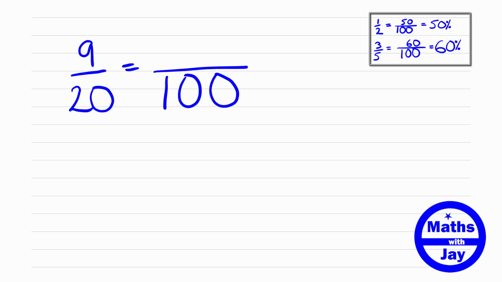How many 20s in 100? That's 5, isn't it? So 9 times 5 gives us 45. So 9/20 is the same as 45%. So far, all the examples I've chosen have a number in the denominator that divides into 100, so it makes it very easy to do the question, doesn't it? We just need to multiply by a simple number.